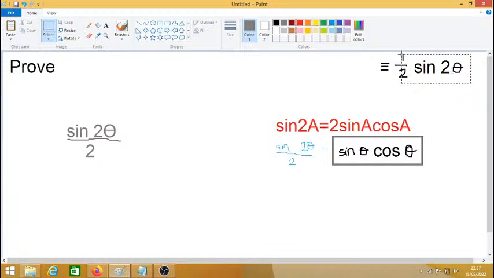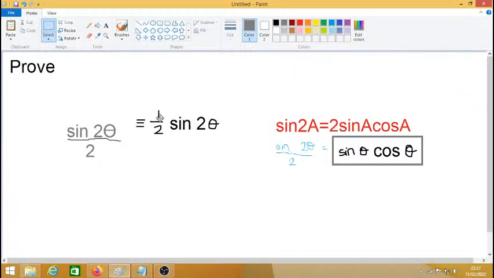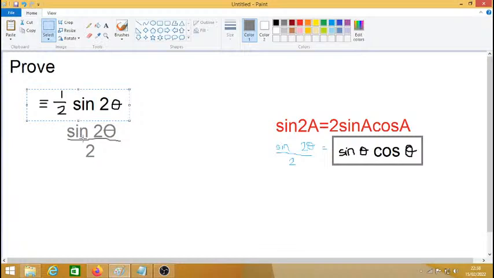How does it compare to what we wanted? We wanted to get half sine 2 theta. Well, I've got my sine 2 theta, and just to get the half, I just need to bring this 2 across and write it as 1 over 2 instead of divide by 2. So half sine 2 theta is what I end up with, and that's the proof done.